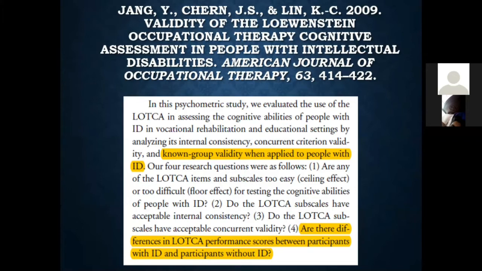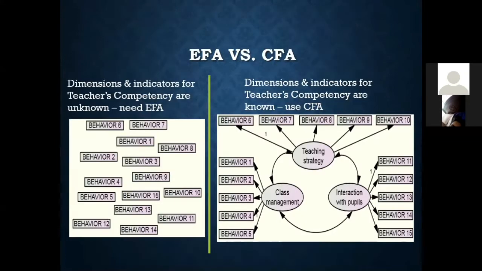Cohen's d is the effect size for the t-test family. 0.2 to 0.5 is a small difference, 0.5 to 0.8 is a moderate difference, and more than 0.8 is a large difference. So that's how it is.